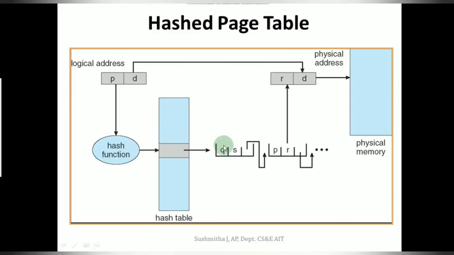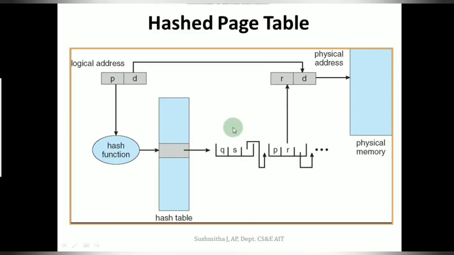One is the virtual page number, the other is the value of the mapped page frame, and then a link to the next entry. So every entry in the page table can be treated as a mini page table because of this chaining mechanism. So it can store many more entries, and it also saves memory and search time.